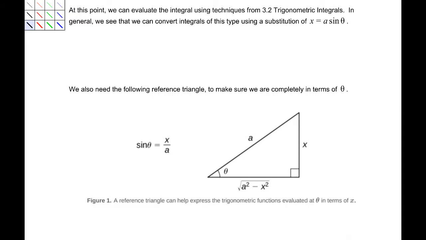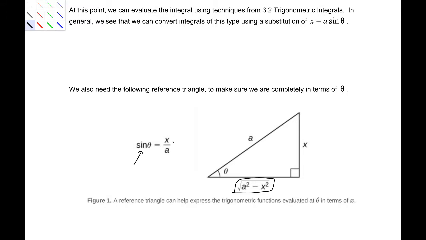If sine theta equals x over a, that is the opposite over the hypotenuse. If you determine what the third side is, that would be the square root of a squared minus x squared.